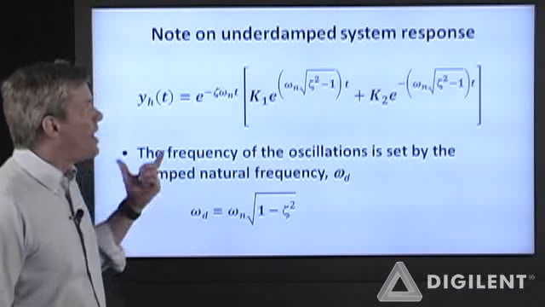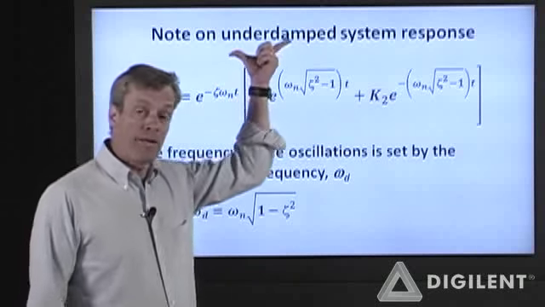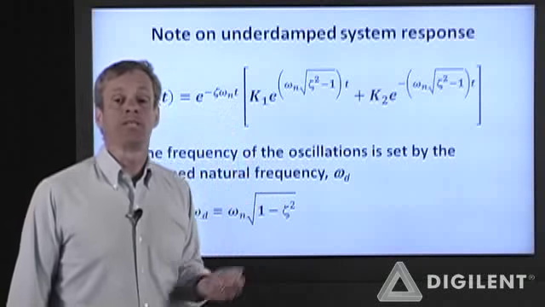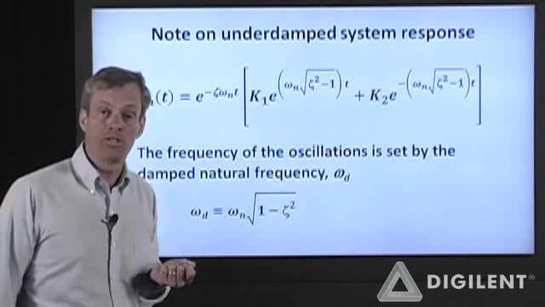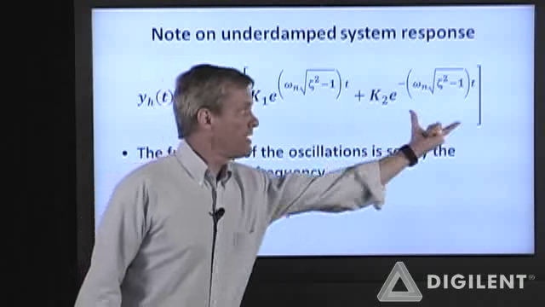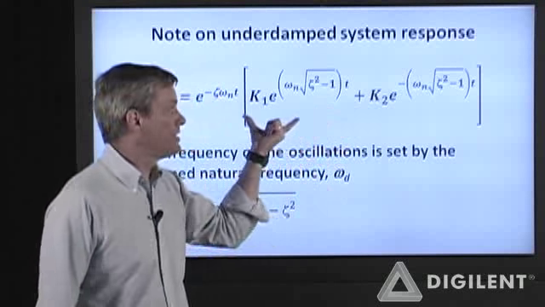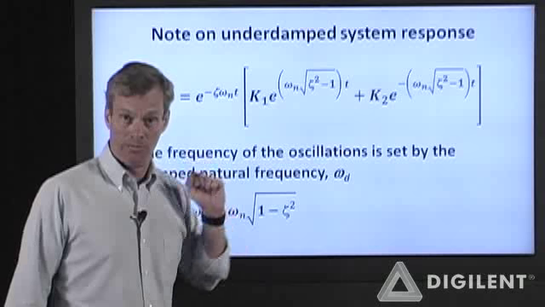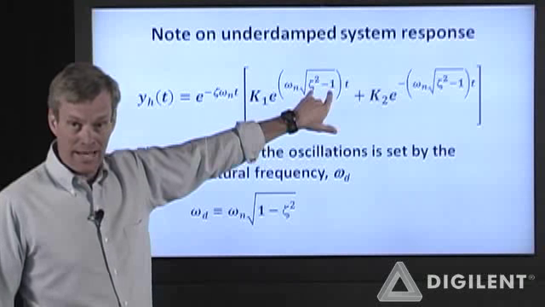One further comment on underdamped system responses. Now remember, this comment only applies to underdamped systems. Squiggle has to be less than 1. There have to be oscillations in the response. So for this particular case, this term here contains complex exponentials, and there will be oscillations associated with that. This term here will be negative.